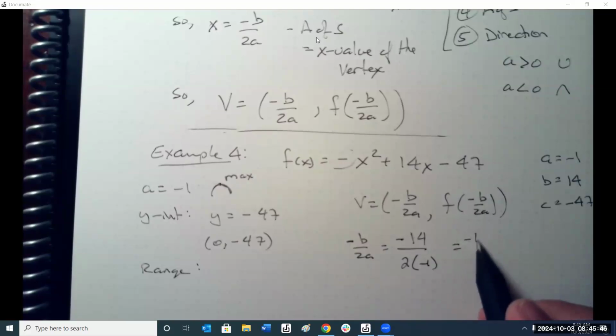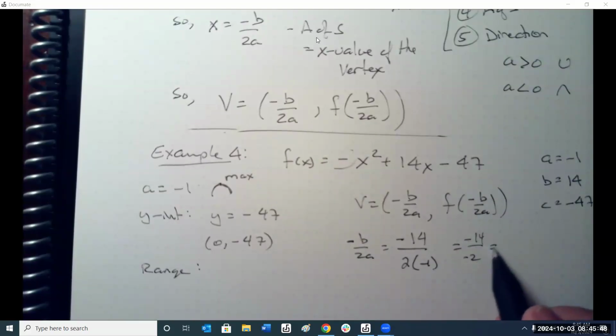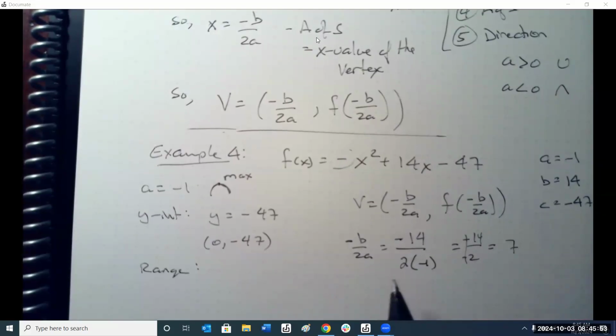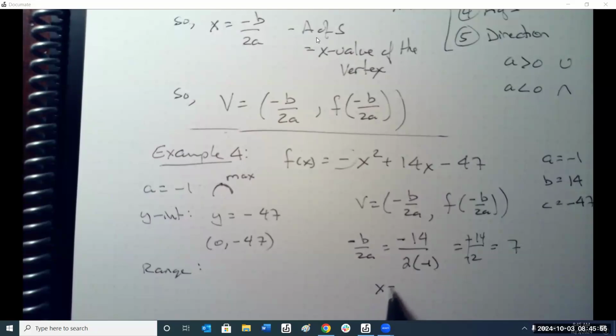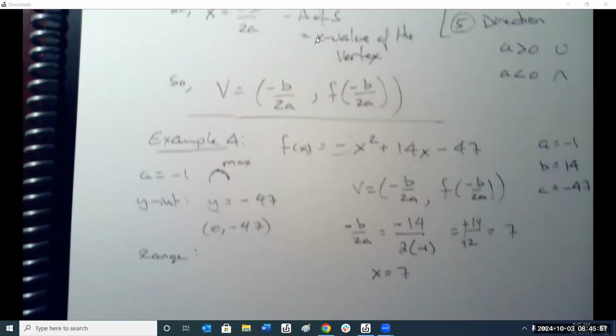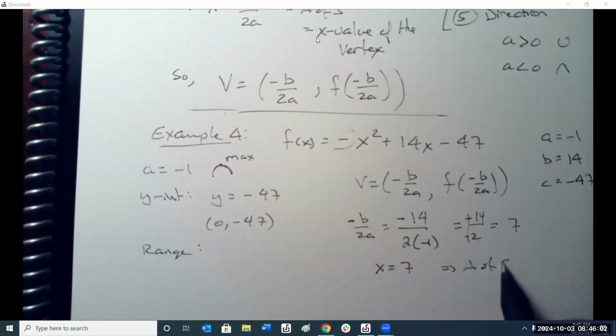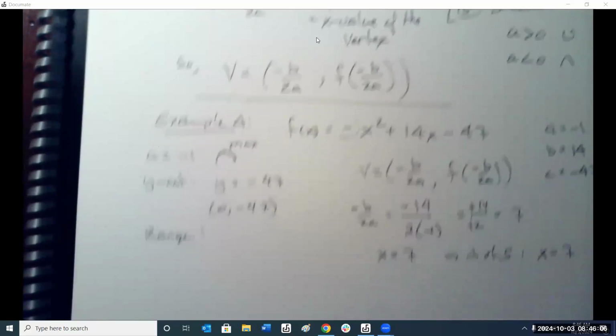So we get negative 14 over negative 2. Negatives cancel. 14 divided by 2 is 7. So our x value is 7. So our axis of symmetry is at x equals 7.